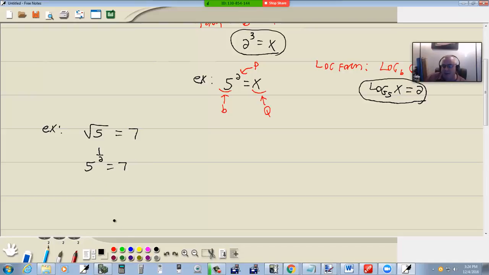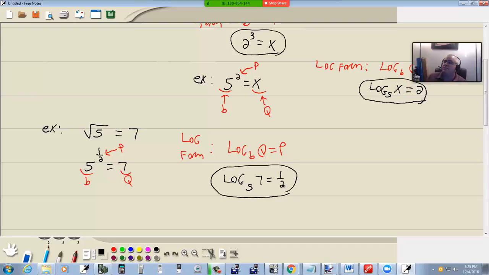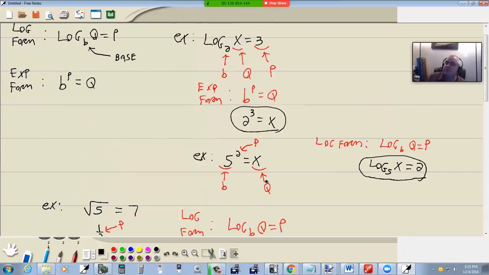And then you identify your b, p, and q. Again, your power is always your p. What's left of it is always your b, and the other side is always your q. So then our log form, log base b of q is equal to p. We plug in everything we identified. b is 5, q is 7, and p is 1/2. So that'd be our answer. Now I'm going to erase some of those.